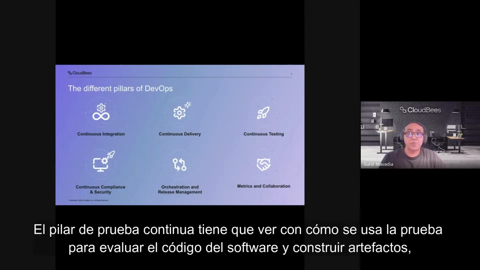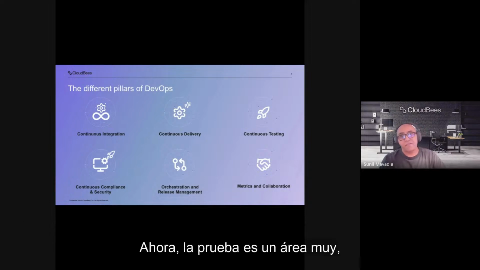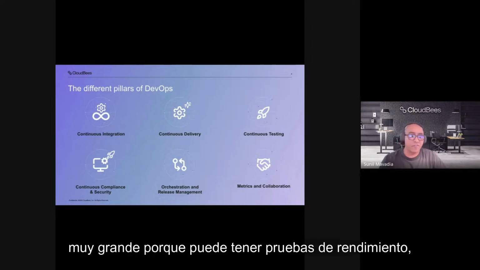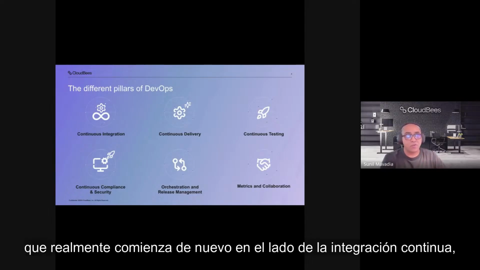The continuous test pillar has to do with how tests are used to assess software code and build artifacts changes to ensure that they meet the requirements for release. Now, testing is a very, very large area. So you have performance testing, systems testing, unit testing, which really starts over on the continuous integration side, right?